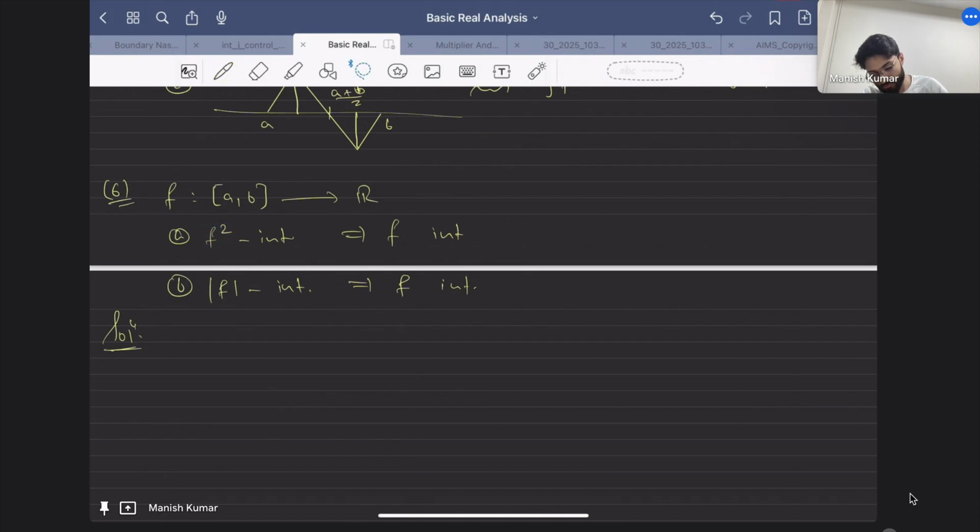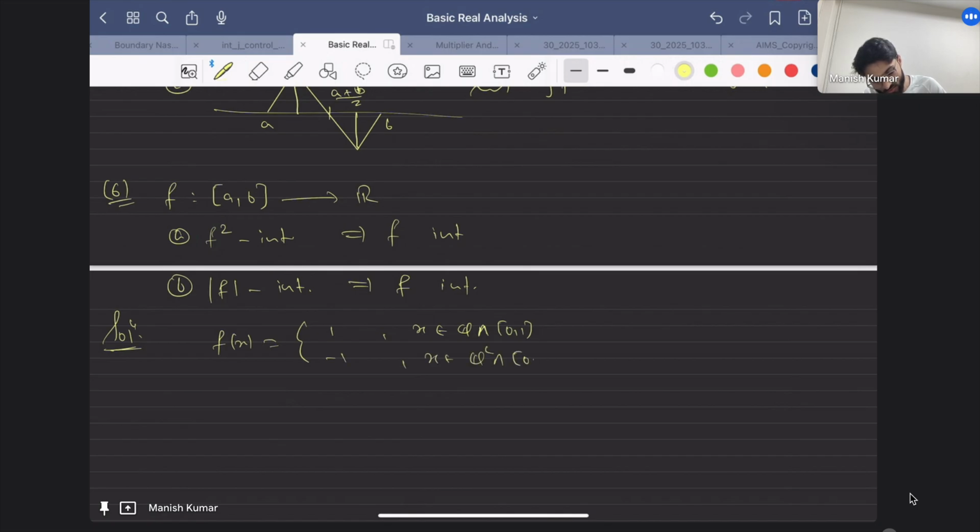I think it should not be true. Yeah, it is not true. So you just take this function: 1 when x belongs to the usual thing we do, 0 1, and minus 1 when x belongs to Q complement intersection 0 1, let's say.